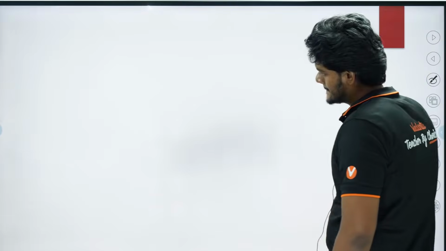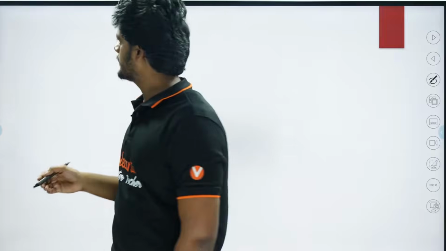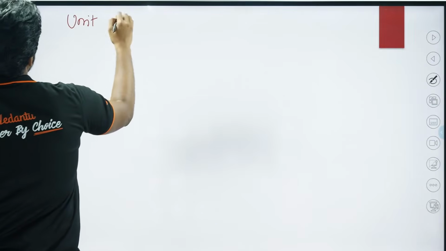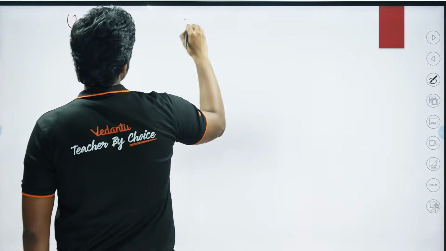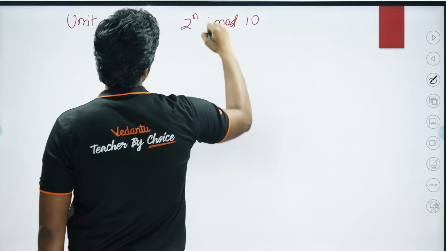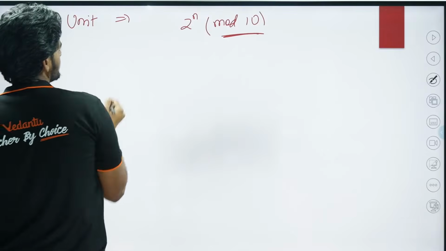Okay. So the next question is a little bit different. So think about it. We did last digit, right? Unit digit implies you are essentially doing 2 power n mod 10, isn't it? For 2 power n, I mean anything.